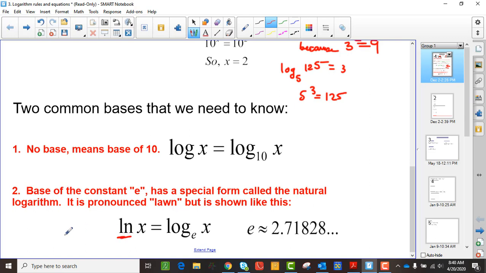It may be above an e to the x button, but e is actually a number. It's 2.71828, and it goes on forever. It's an irrational number. It's like pi in that sense, but we're going to talk a lot more about e going into calculus. As you go through math, you're going to see e more often.